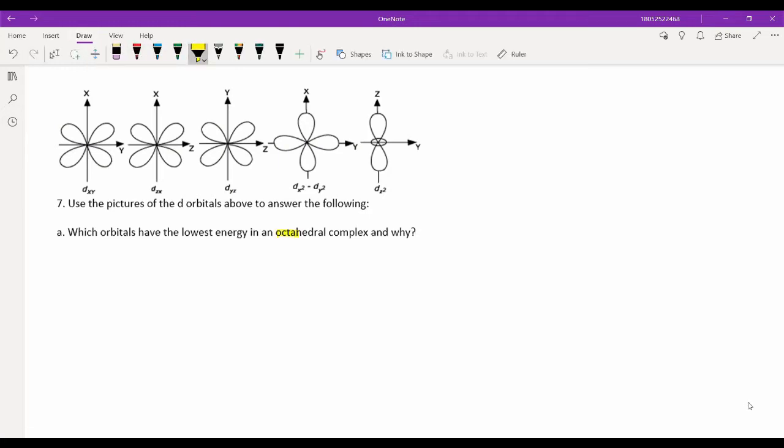So octahedral, most common, definitely just memorize this pattern, and you should know that there's 3 orbitals on the bottom, lower energy, 2 orbitals on top, and the 3 in the lowest energy are going to be the xy, xz, and yz, and the higher energy ones are going to be x squared minus y squared and z squared. Okay, so these ones here, lowest energy.